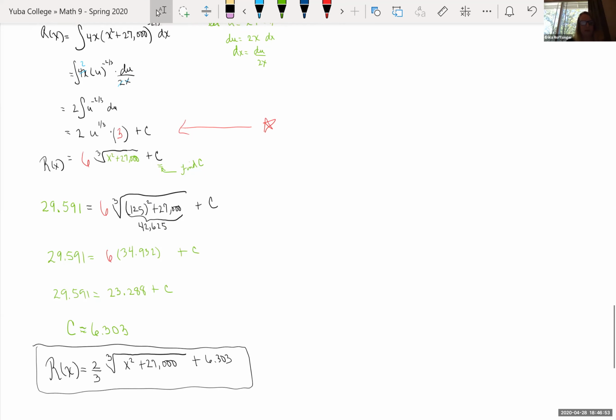So 6, let me do that real quick. So 6 times our 34.932. That's 209.592. So let's subtract that on both sides.